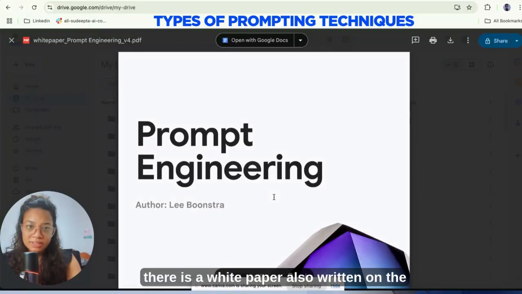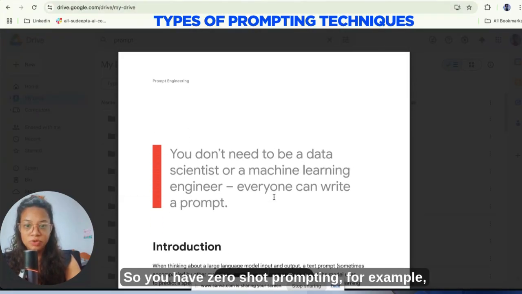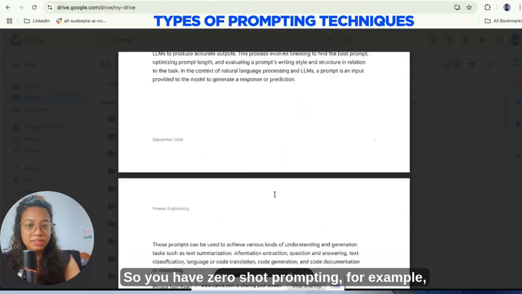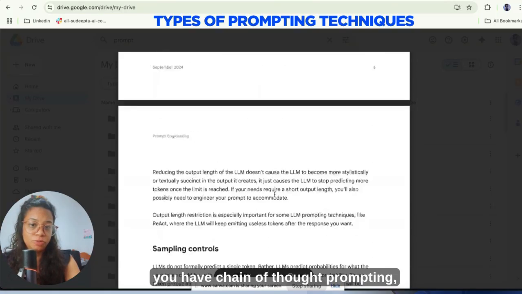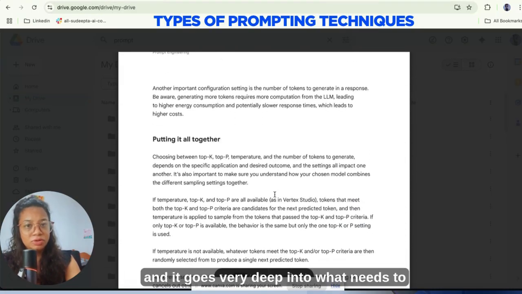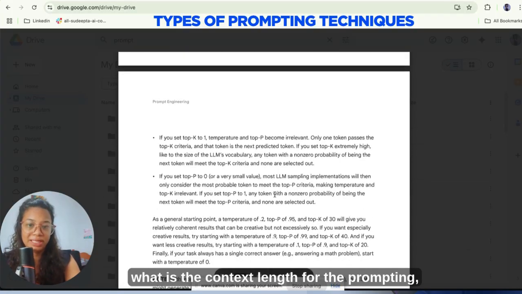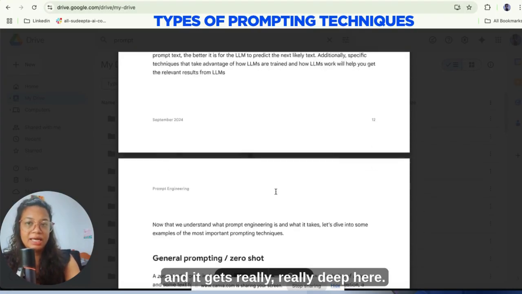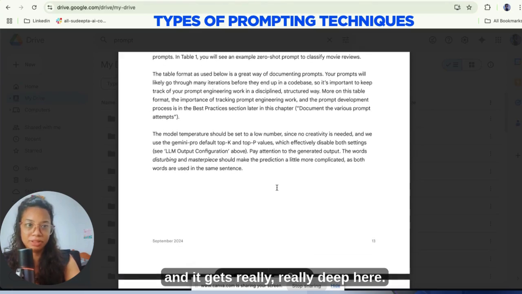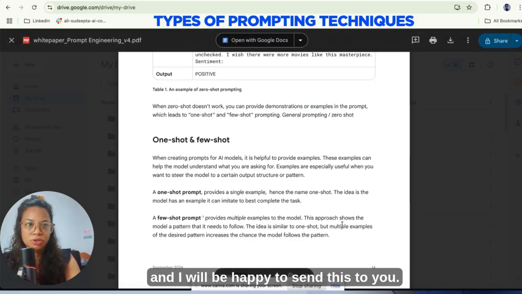Now, obviously, there is a white paper written on the different types of prompting techniques. You have zero-shot prompting, chain-of-thought prompting, and lots of other types of prompting, and it goes very deep into what needs to be there, what the context length for the prompting is, and it gets really, really deep. If you're interested in this white paper, just drop me a note or a comment below, and I will be happy to send it to you.